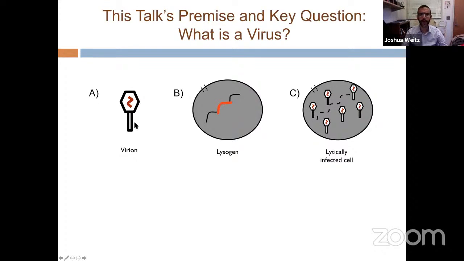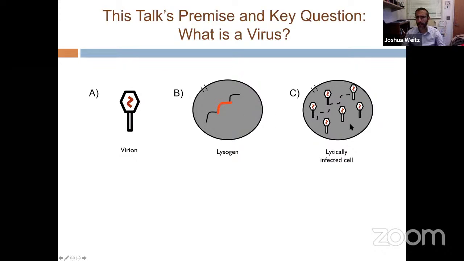Here's this virus particle. But I've given some other alternative answers here. This is what is termed a lysogen, in which the viral genetic material is integrated, here inside the genetic material of the microbial host. It could also be extrachromosomal and still passed on.